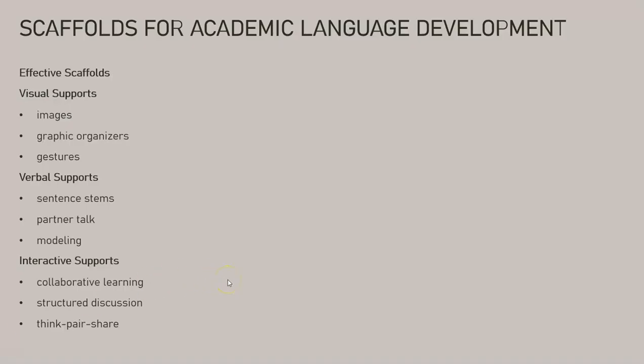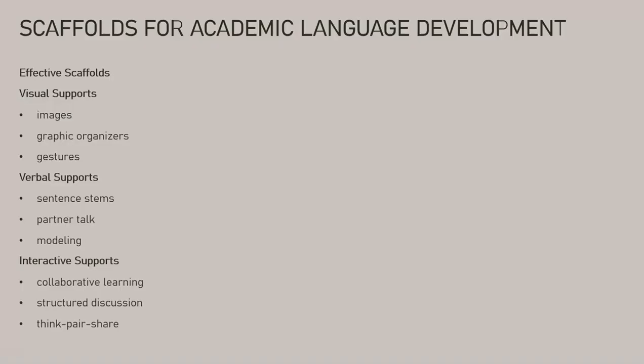Some scaffolds for academic language development. So scaffolds are temporary supports that help children participate in rigorous learning before they can do it independently. Good scaffolds maintain cognitive challenge while reducing language barriers.